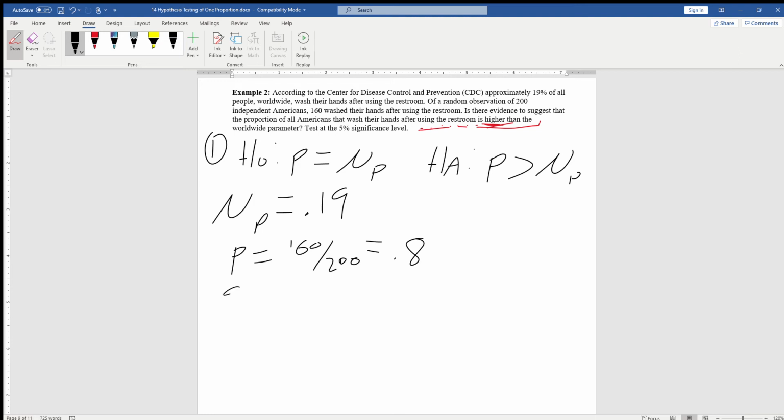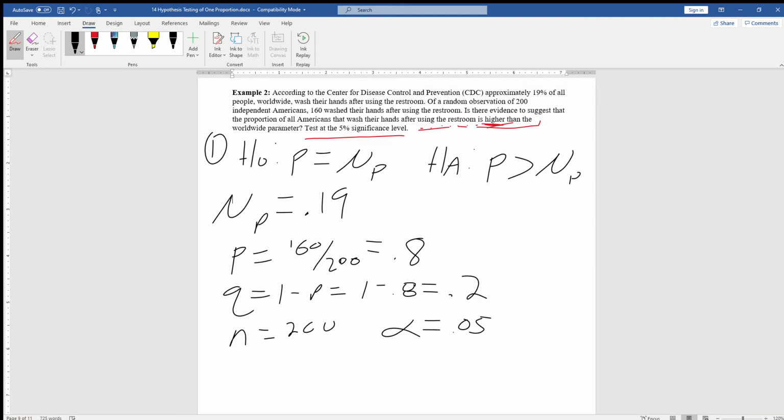The probability of failure Q, 1 minus P, is going to be 1 minus 0.8, which is 0.2. We know that the sample size is 200, and the significance level this time is 5%. So alpha is going to be equal to 0.05. So that's step 2, collecting up the variables.